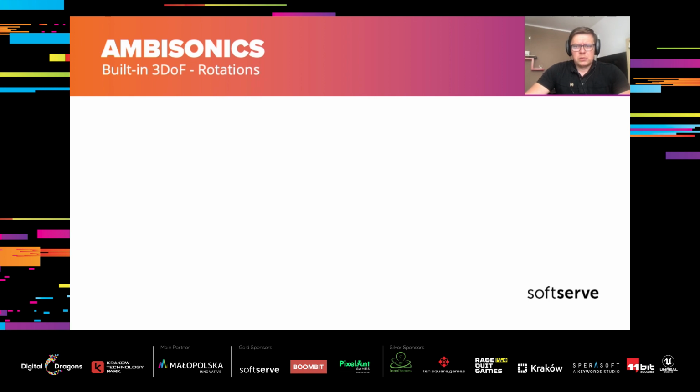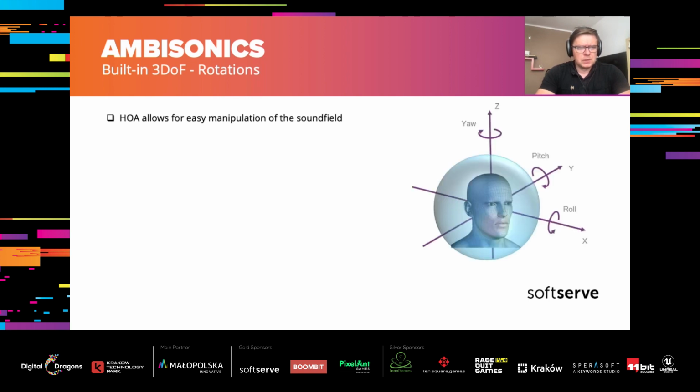So let's go back to one of the best features of ambisonics, which is built-in 3 degrees of freedom control, or rotations in other words. Higher order ambisonics allows for easy manipulation of the sound field, and this manipulation is described by rotations.